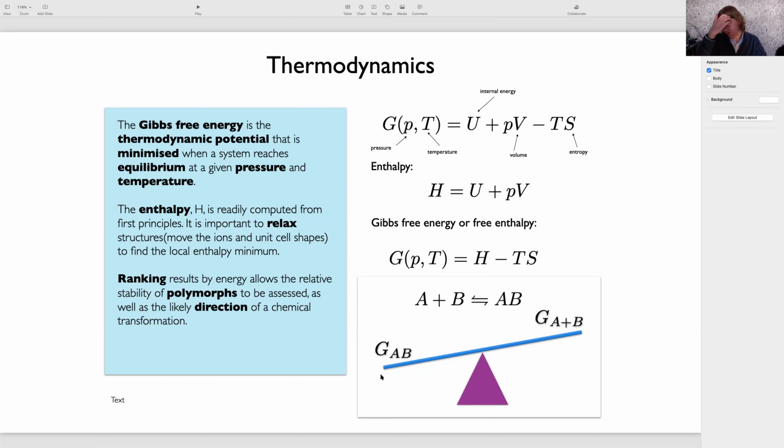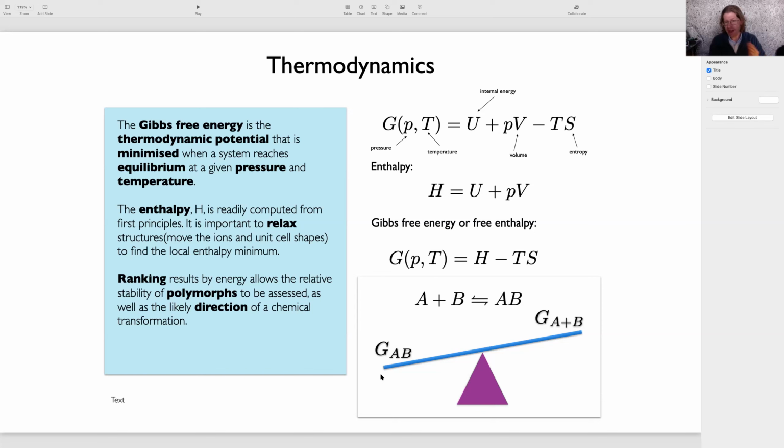As well as moving the ions, you can also relax the shape of the unit cell using the stress. If you've calculated the enthalpy, and let's put the entropic part to one side for the time being, then the first thing you can do when you do a high throughput calculation is some ranking of the crystal structures. So which is going to be the most stable polymorph, which are metastable polymorphs, and so on.